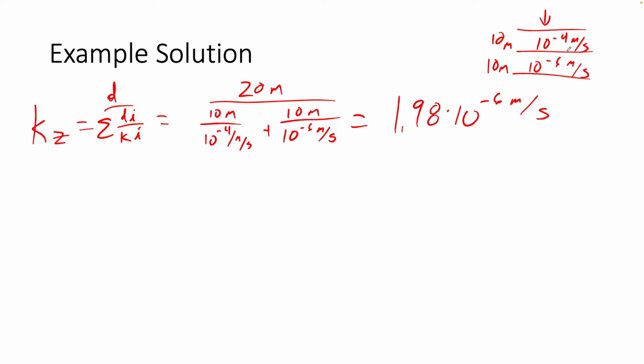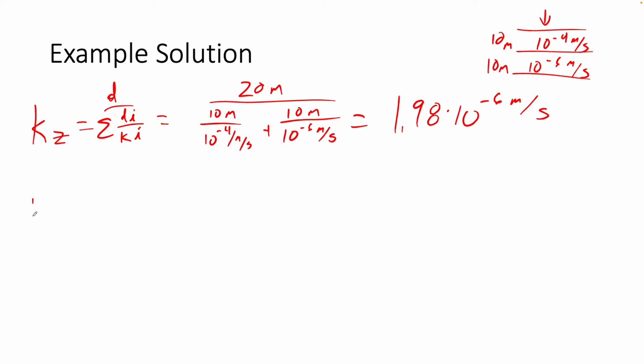But since 10 to the negative 6 is the confining layer, it's essentially the bottleneck between the two, you would expect it to be close to 10 to the negative 6, and it is. You can travel through this layer quickly, but then when you hit this layer, it backs up. So essentially you're limited by your 10 to the negative 6 layer.